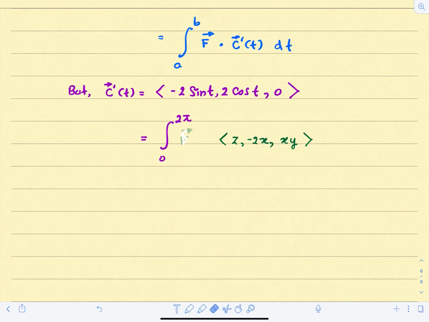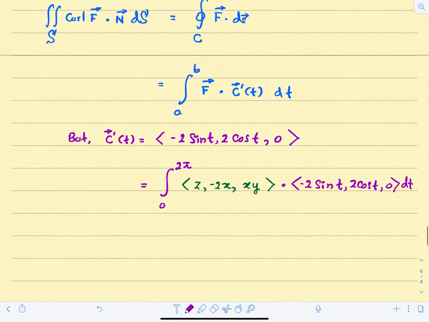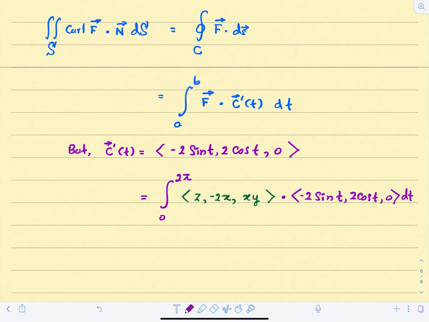F dot c prime t, which is negative 2 sine t, 2 cosine t comma 0, dt. Now one thing you should know is when we evaluate this line integral, we have to evaluate this vector field F on the curve C.